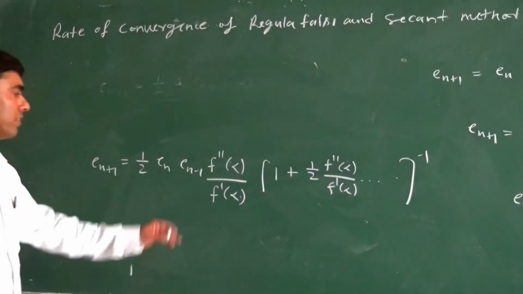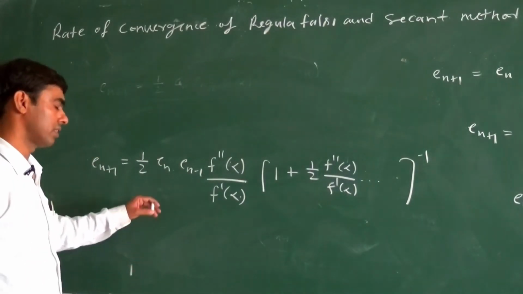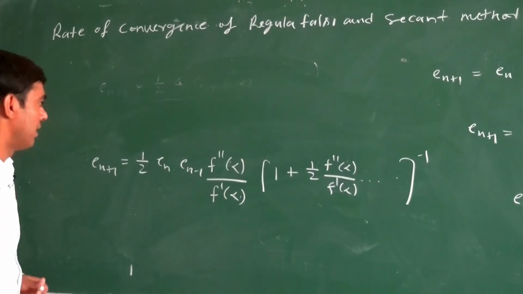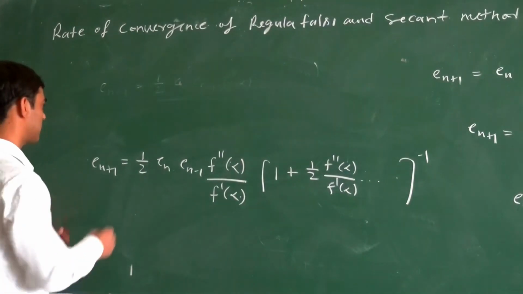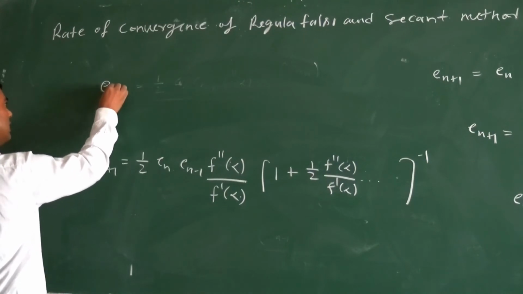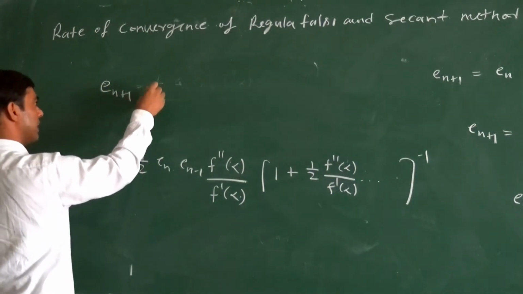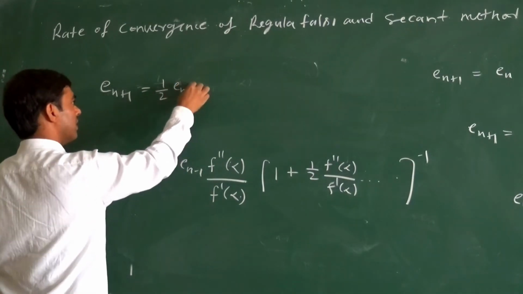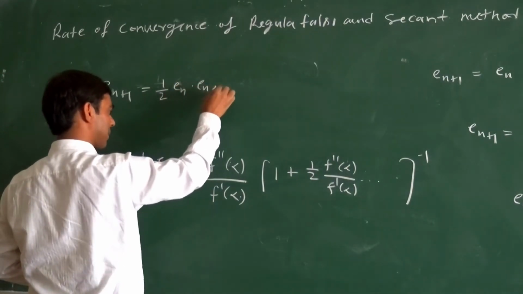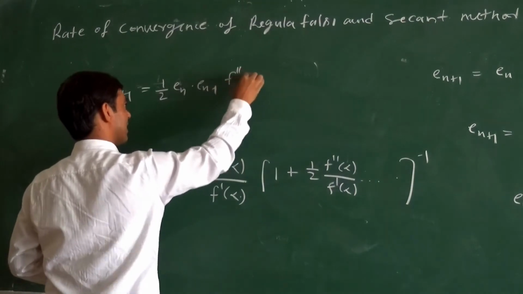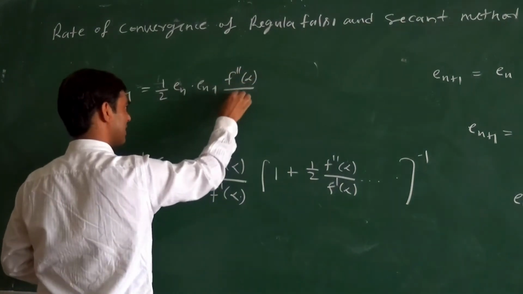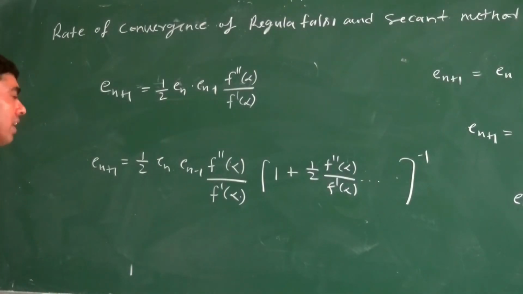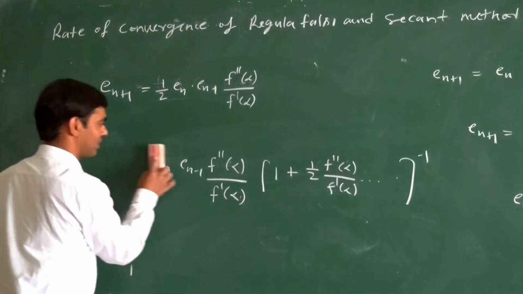So we only write the first term of this expansion. What is the first term of the expansion of this expression? This one is e_n plus 1 equals 1 by 2 e_n minus 1 f double dash alpha upon f dash alpha. So this is one term, and we ignore all other terms.